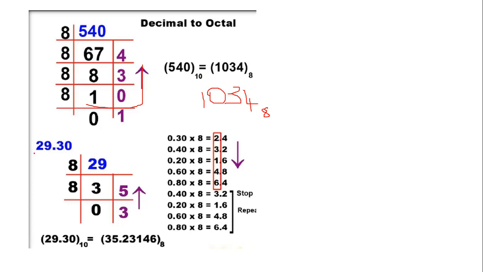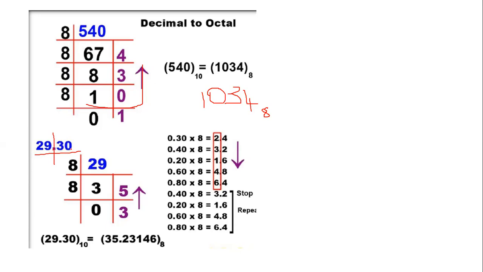Next, in case a decimal number with a fractional part is given, like 29.30, you need to divide this into two parts. Before the decimal point, keep on dividing by 8.